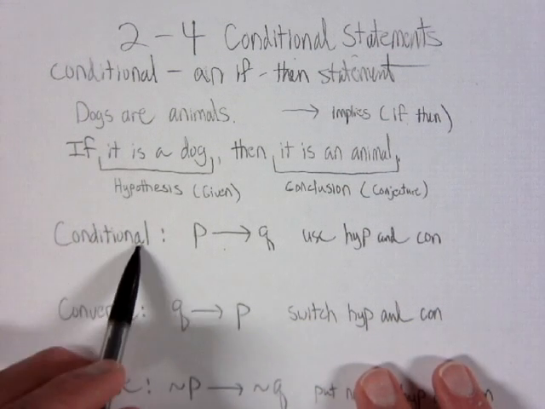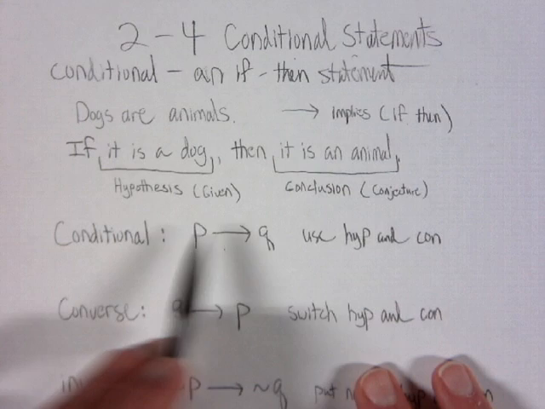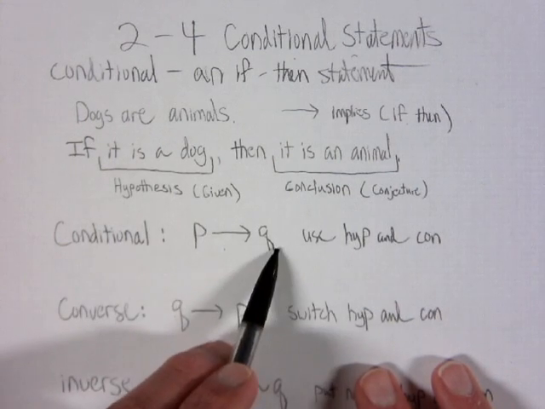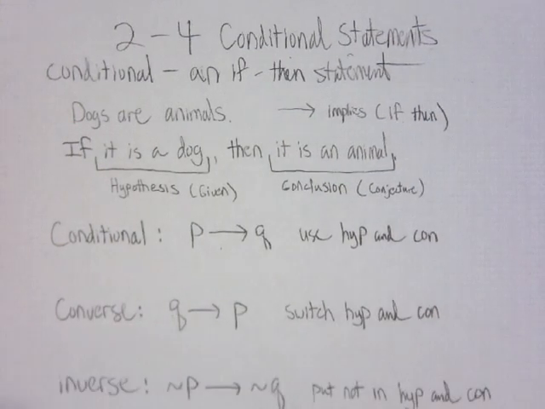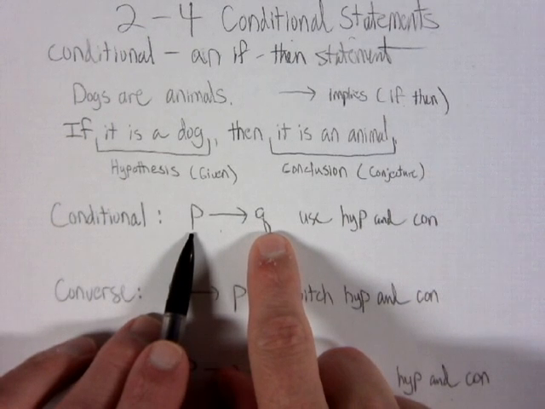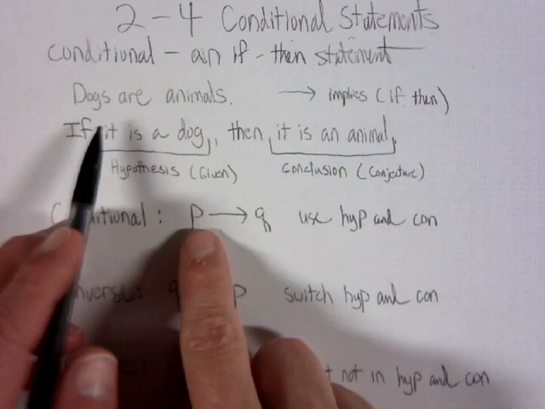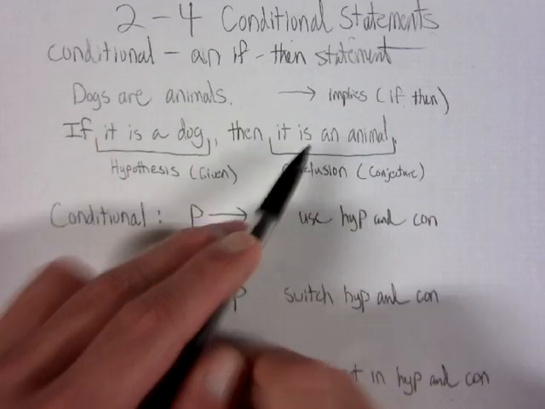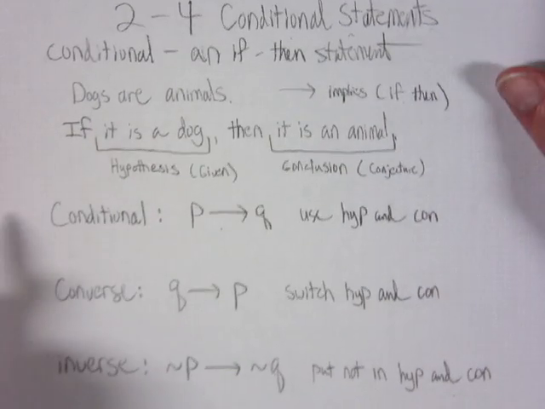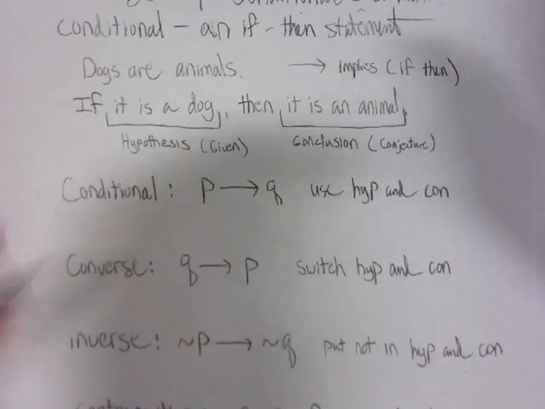The conditional statement P implies Q means if P, then Q. Use the hypothesis and the conclusion to create it. Remember, P and Q can stand for whatever they want to. In this case, we'll let P be it is a dog, and Q be it is an animal. So that's my conditional.